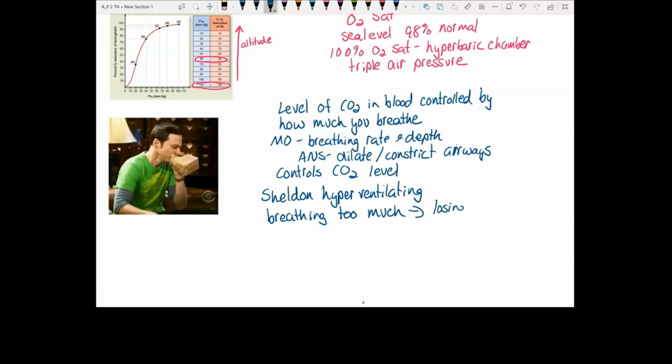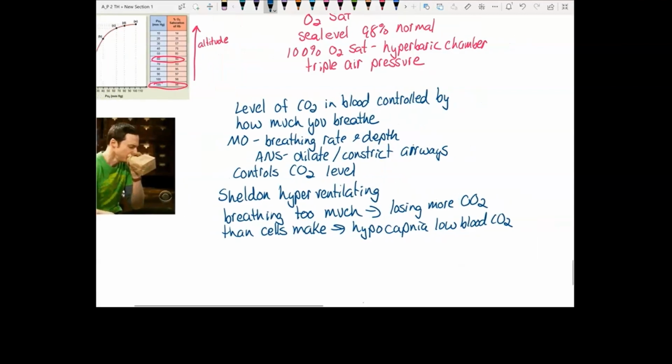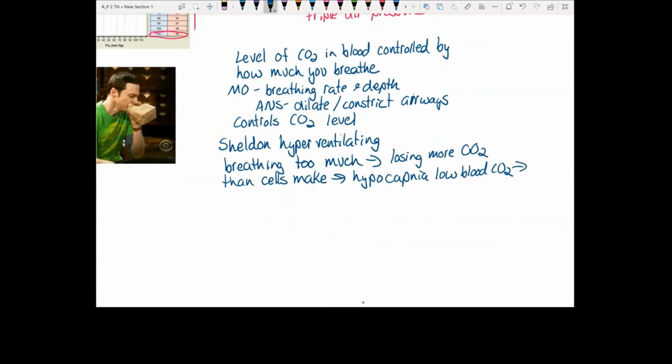He is losing more carbon dioxide than his cells are making. This means he has hypocapnia, which means low blood carbon dioxide. So if his blood carbon dioxide is low, that means his pH is too high.